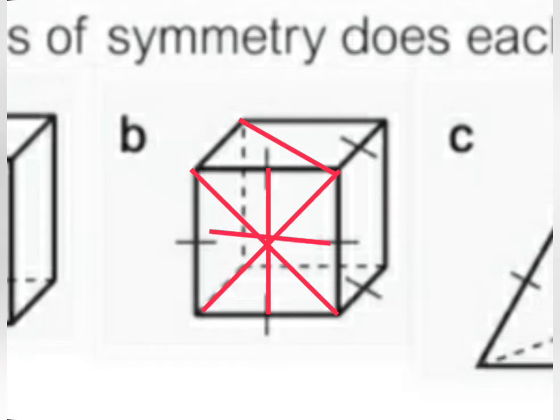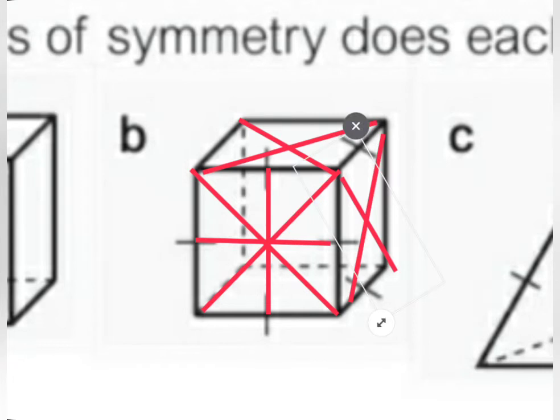And we have another one, 4, yes. 1, 2 on top, and 1, 2 on the sides. Very good. So we have 8 planes of symmetry. Not lines, planes of symmetry, because it's a 3D shape. Now let's go back and check the picture that shows the planes of symmetry.